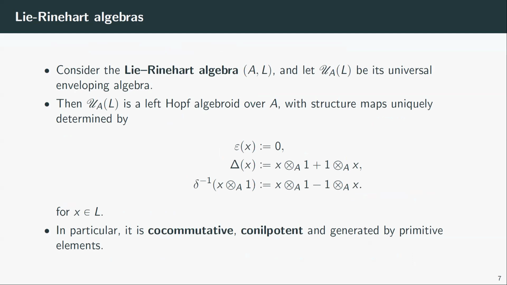So conilpotent means that we can define the following, the reduced co-multiplication on the kernel of epsilon.